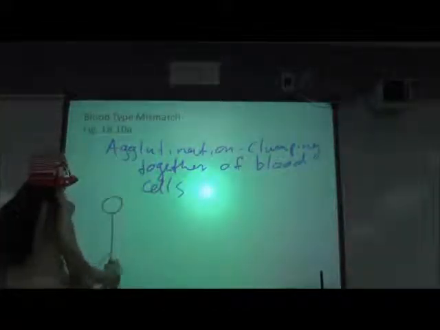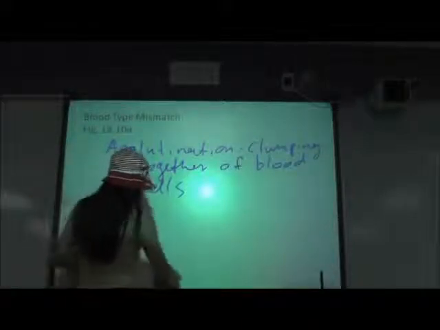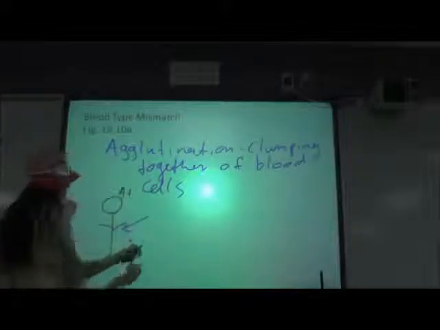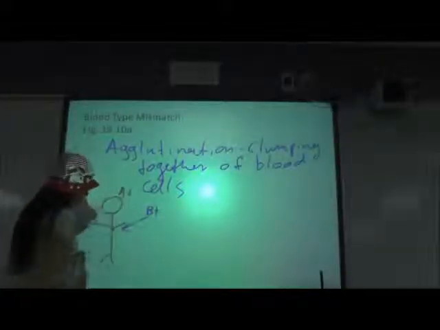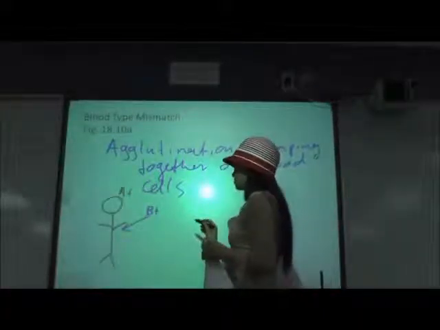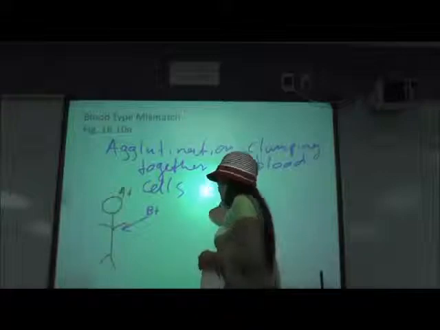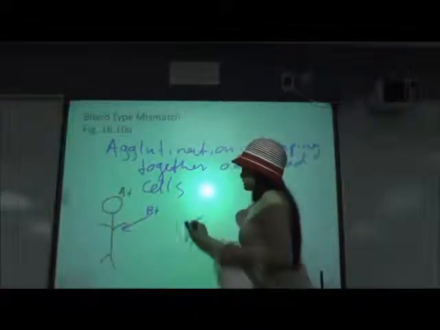So if you are a person who's A positive, and you get in the ambulance and they load you up with B positive blood, then all of your anti-B antibodies are going to bind up all of those cells. And with that structure of the antibody, it's got two binding regions.